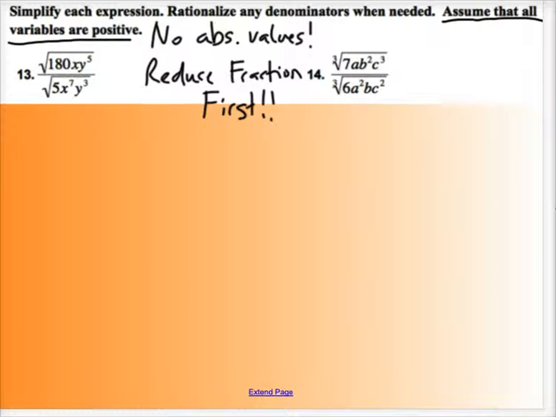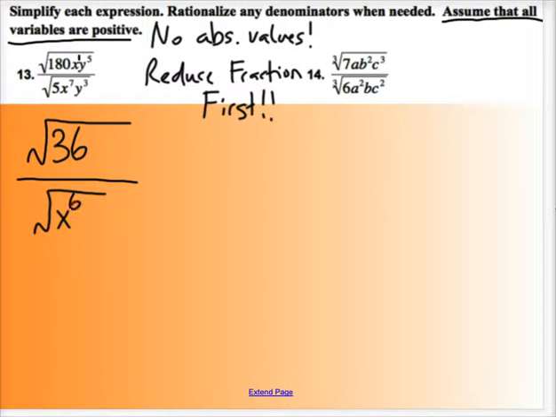What I mean by that is, number 13, 180 divided by 5, that gives you 36. X to the first divided by x to the 7. Well, 1 take away 7 leaves you negative 6. Well, I'm just going to put that directly on the bottom as 6. Okay, there were 6 more x's on the bottom than there were on top. Y to the 5 divided by y to the 3. 5 minus 3 leaves me with 2.